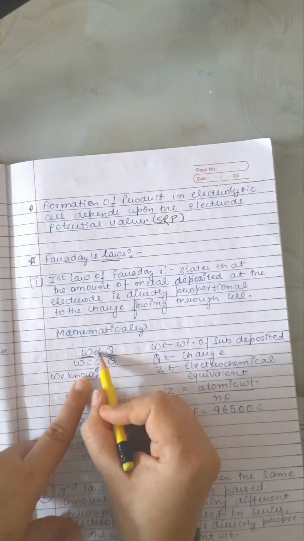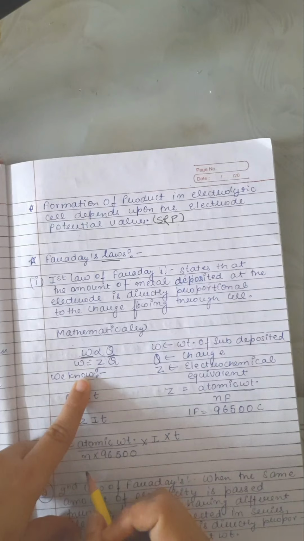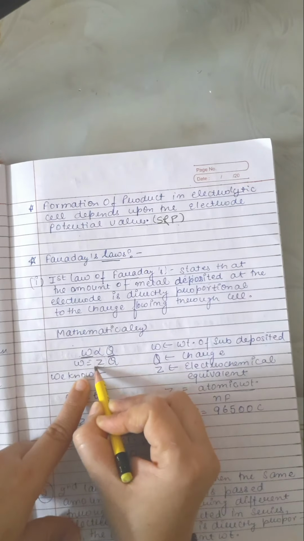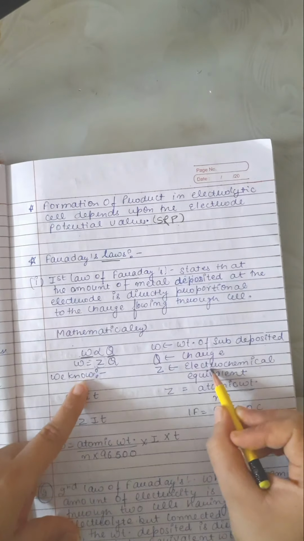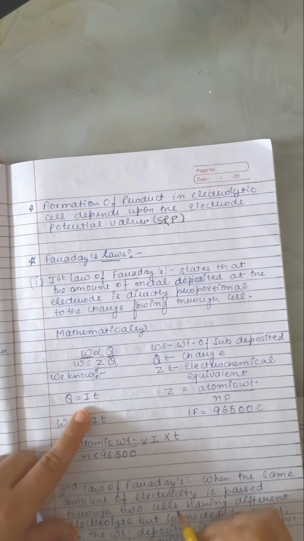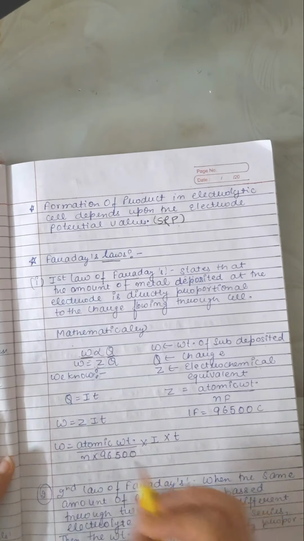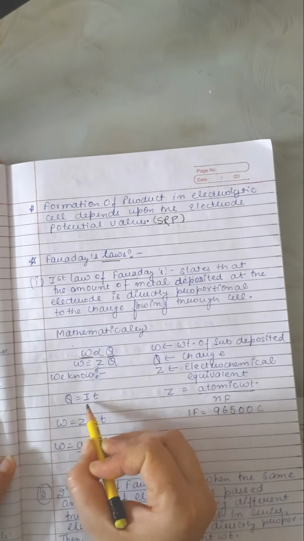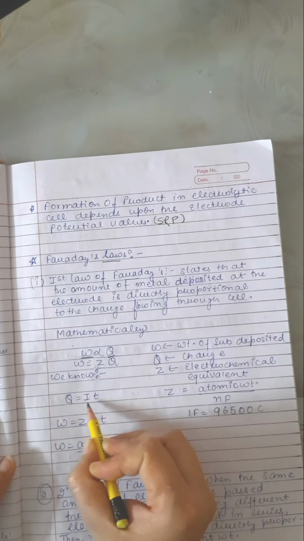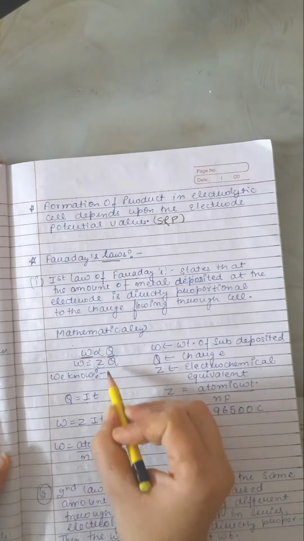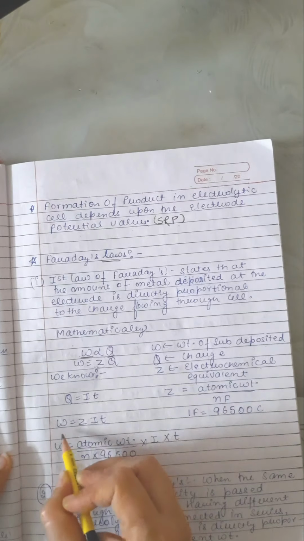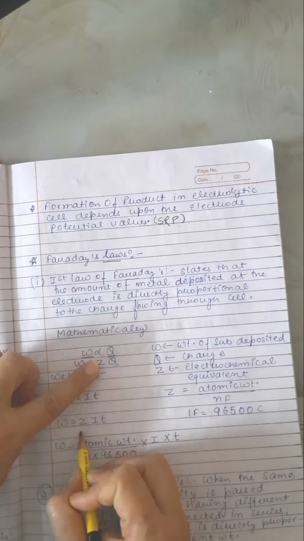If we remove the sign of proportionality, then what will come? That is Z, and Z is known as the electrochemical equivalent. Now, as we know, charge is I into T, that is current into time. So we can put in this, so W is equals to Z I T.